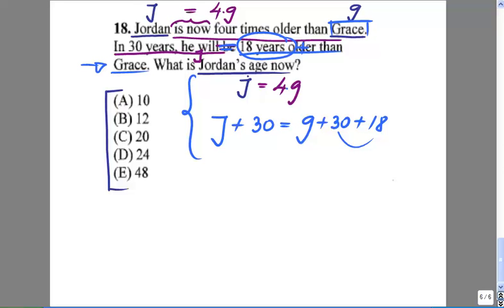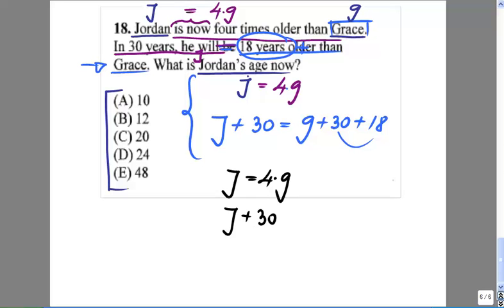So, first one, J equals 4 times G. And I know that J plus 30, or you know what? Let's make it simpler. Look at this equation, the second equation here. I got J plus 30, I got Grace plus 30.